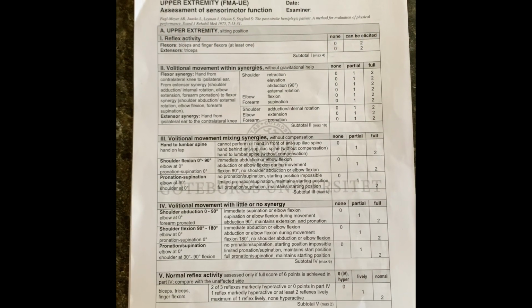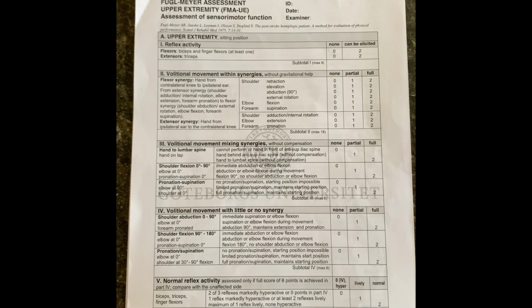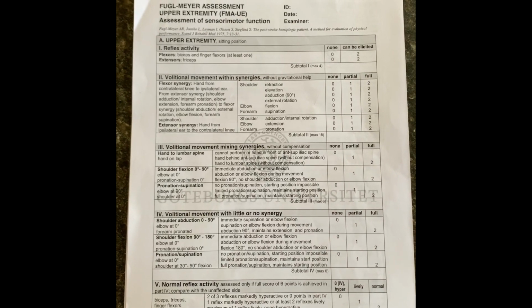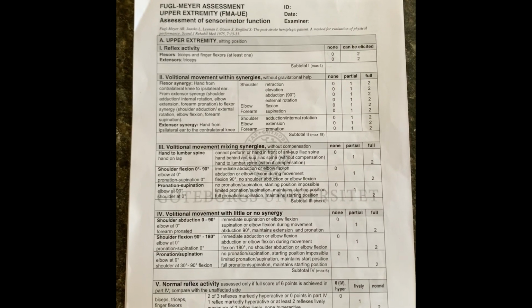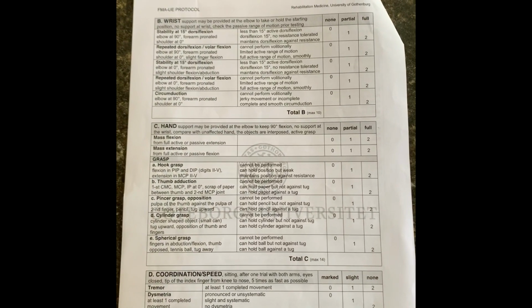Here's the scoring sheet for the upper extremity portion of the assessment. To the left are the descriptions of each part of the assessment, and to the right are the scores which you would circle following each test. Each section is slightly different in terms of scoring.